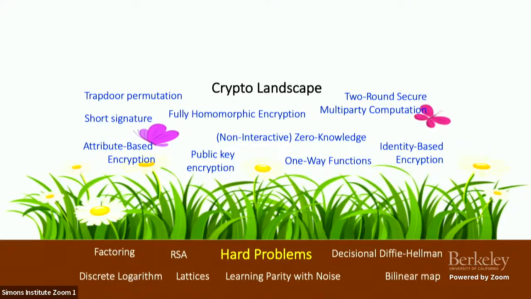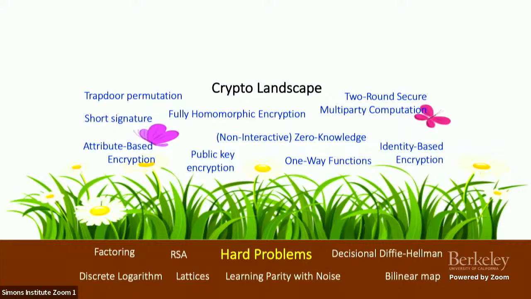So here is the cryptography landscape before IO with all these magical primitives and objects that we love. And they are built upon different kinds of hard problems. And they leverage distinct features of each of those hard problems. So for example, fully homomorphic encryption, so far we only know how to build it from lattices.